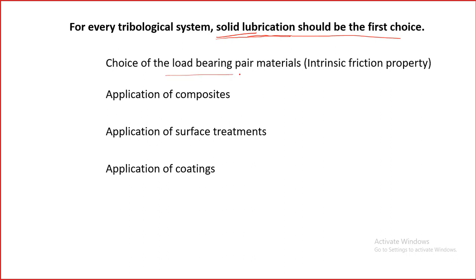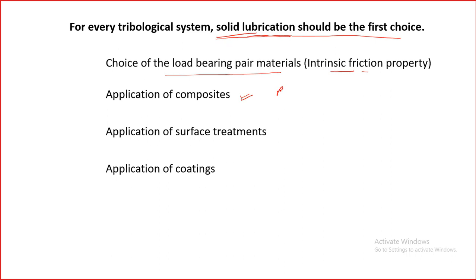So choice of the load bearing pair materials, which has got intrinsic friction property, low friction property or required friction property. Application of composites. Composites are very useful materials because they combine both good tribological properties with good bulk property. Therefore composites should be used, and many times composites are made with solid lubricants inside them.